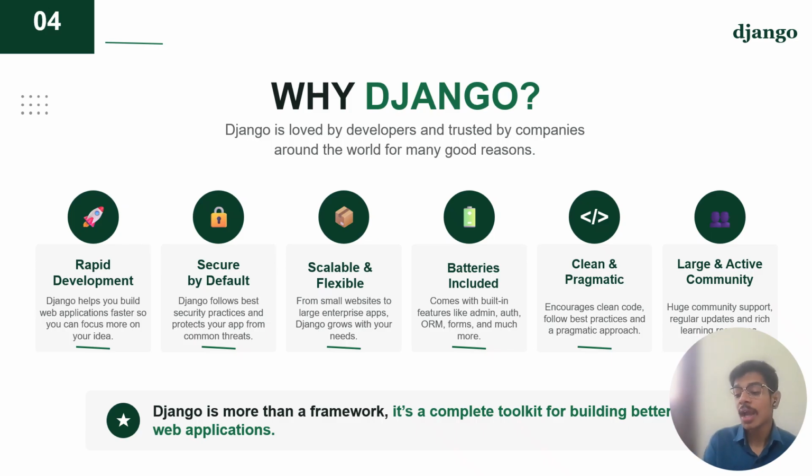It also promotes clean and pragmatic code. Developers can organize their code properly, making projects easier to understand and maintain. Finally, Django has a large and active community. So Django is not just a framework, it's a complete toolkit for building better modern applications. Now let's take a look at the history of Django.